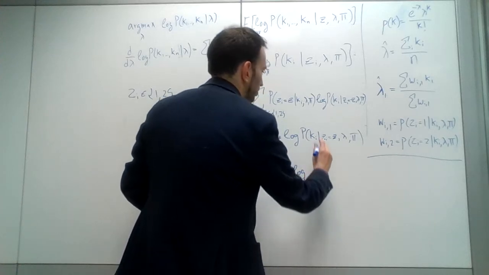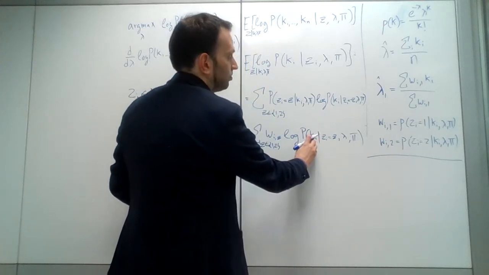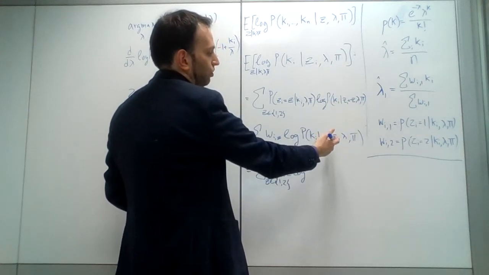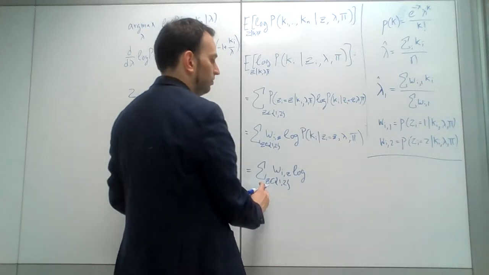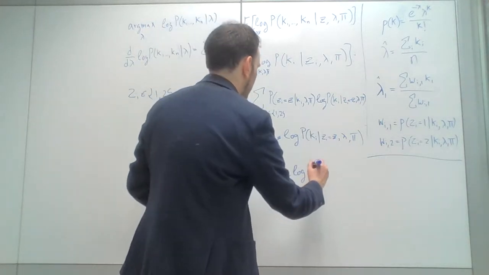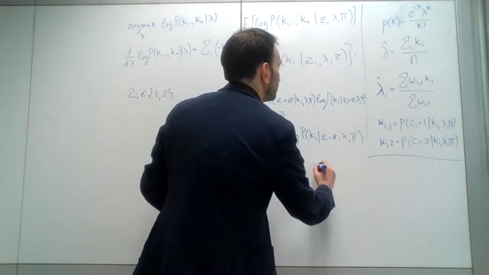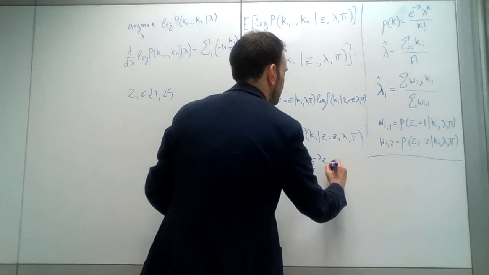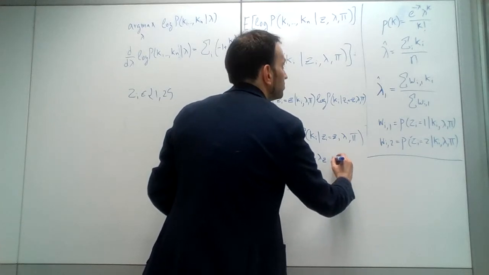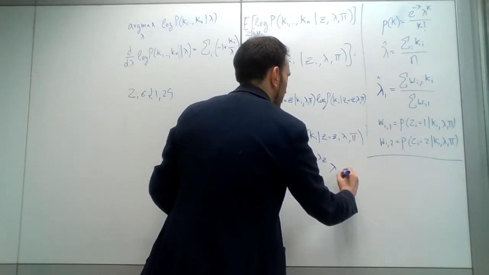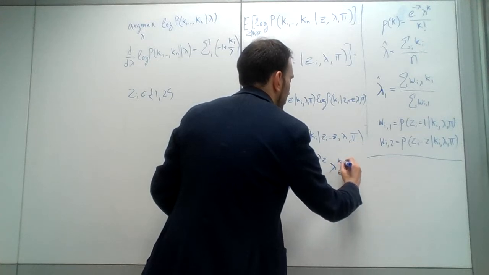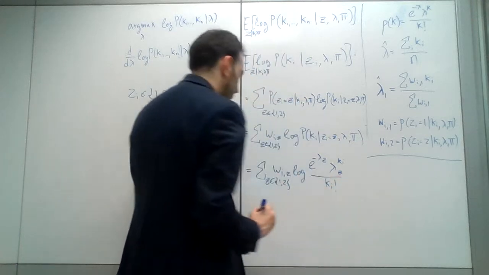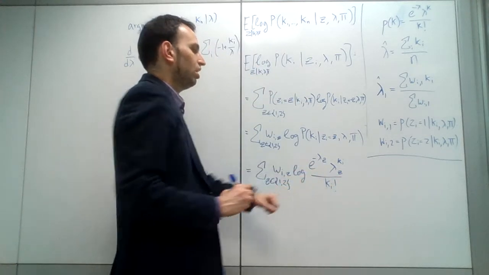log, let's write it out. Here, the k is ki, and then the lambda you choose is either lambda 1 or lambda 2, depending on the value of z. So that's going to be log of e to the minus lambda z times lambda z to the ki, divided by ki factorial. And this log we can just compute.